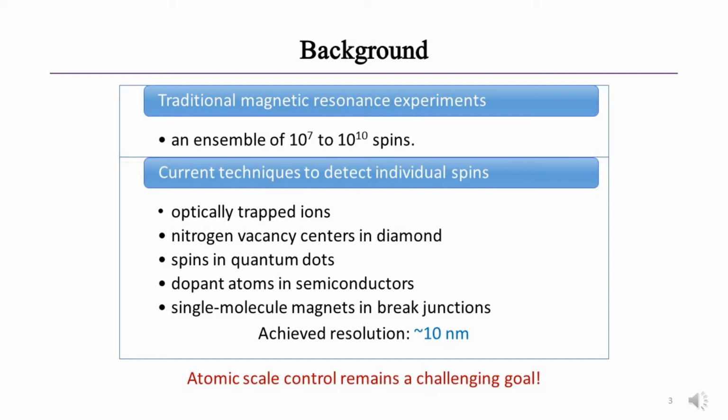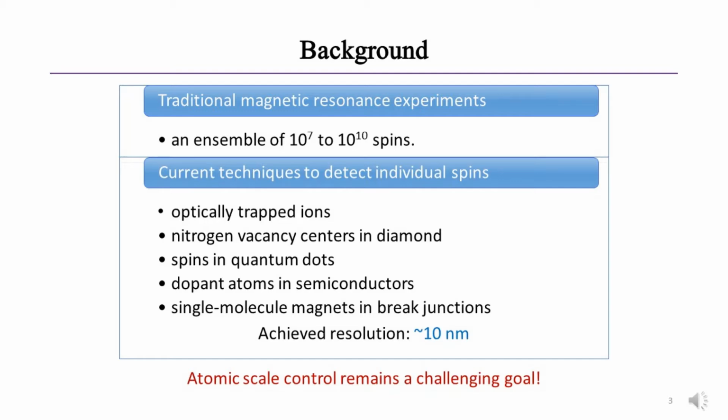Firstly, I would like to give you a little bit of background. In a traditional magnetic resonance experiment, it typically requires an ensemble of 10^7 to 10^10 spins. In order to detect individual spins, many techniques have been used so far, like NV centers, spins in quantum dots, or single molecular magnets in break junctions.